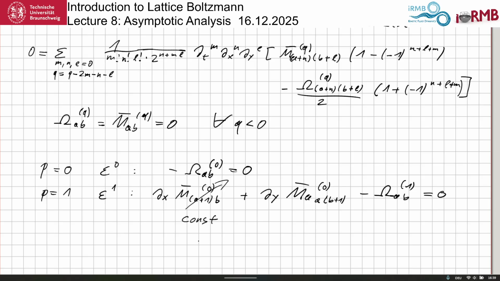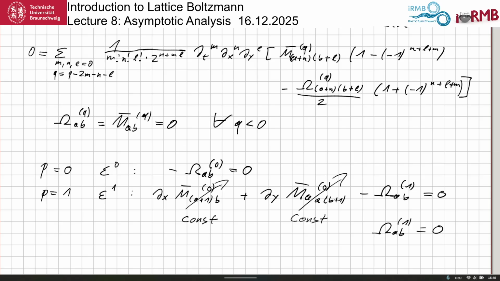And when you put them to a constant and you take a derivative, they will disappear. Yeah. So if this is your scaling that you do, then what you find is that omega ab, so for any moment to first order is 0 again. So we have now proven that under these assumptions again, yeah, that omega to the 0 order is 0 and omega to the first order is 0.